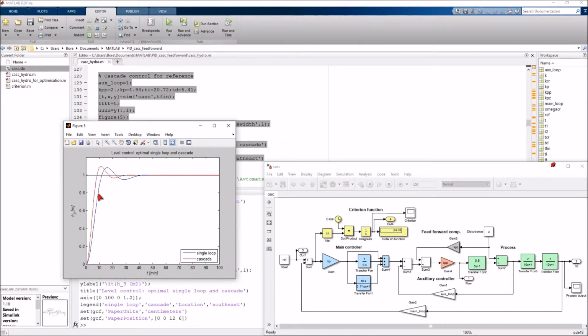We can notice the big difference. The cascade control enables much faster response. The overshoots are pretty similar, but the settling time is much smaller in the case of cascade control.